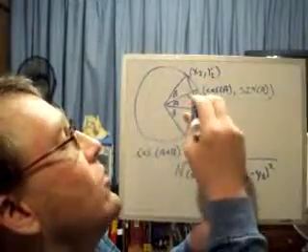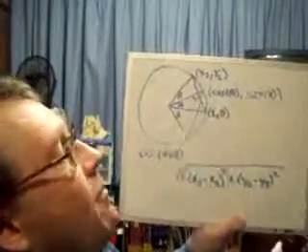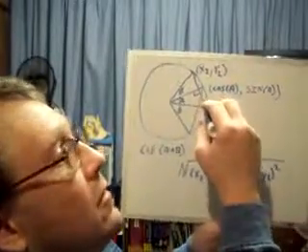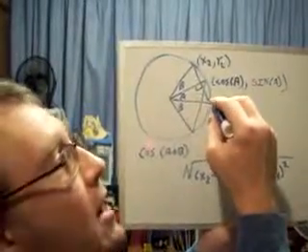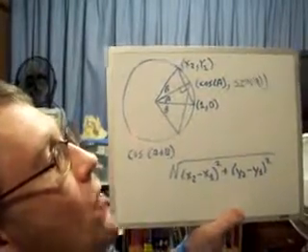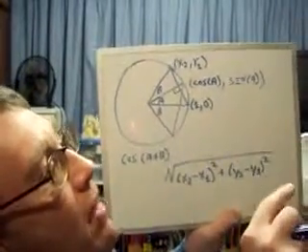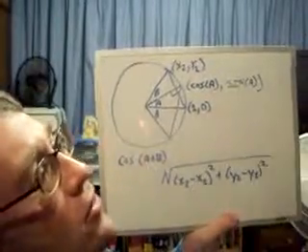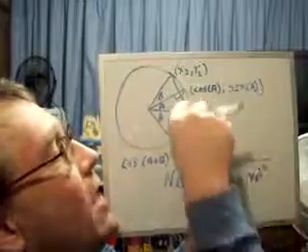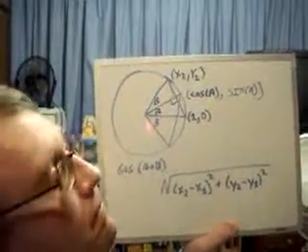And now we're going to use the opposite side over the hypotenuse. Well, the opposite side is this, right here, and the hypotenuse is 1. So if you have the opposite side divided by the hypotenuse, and the hypotenuse is 1, then the opposite side is being divided by 1, therefore that's still going to be the sine of A.